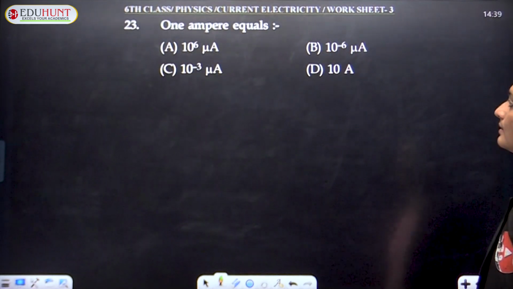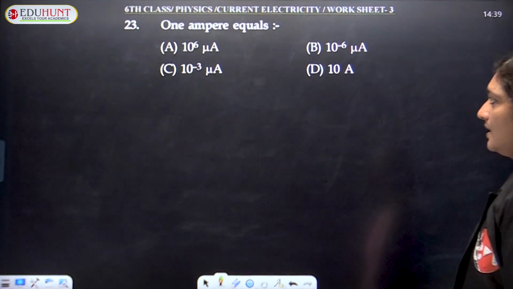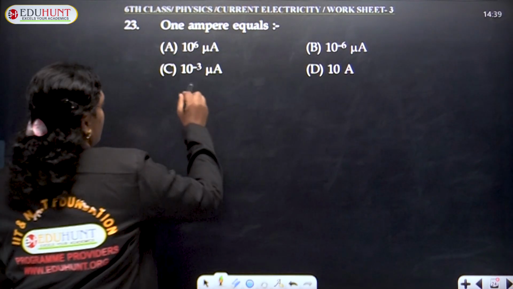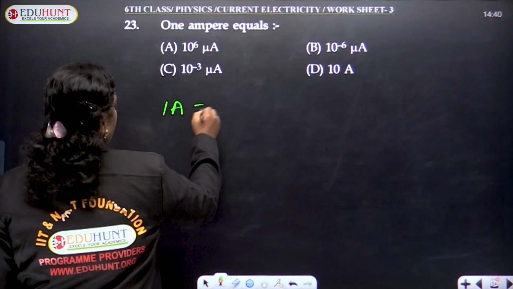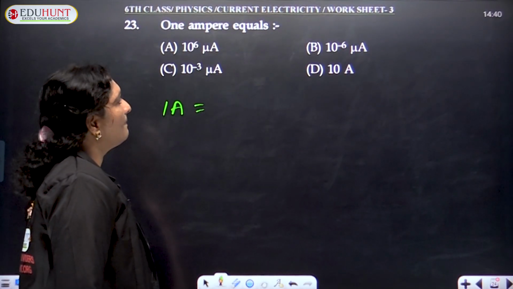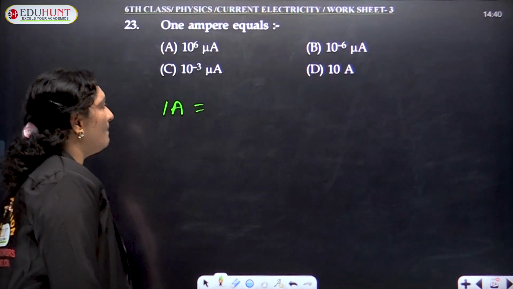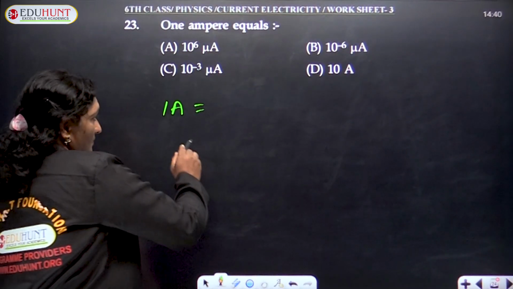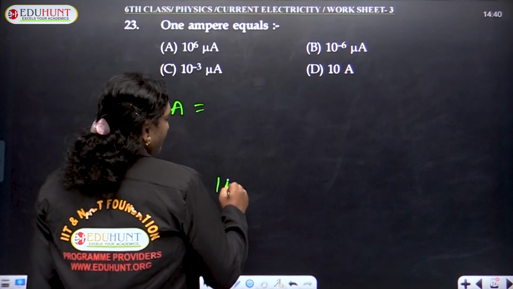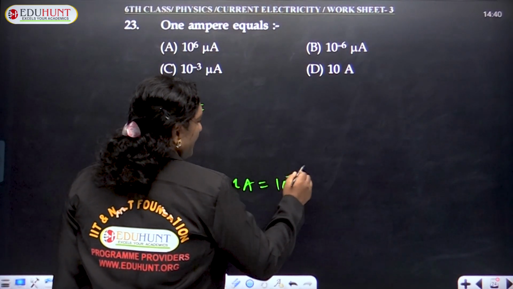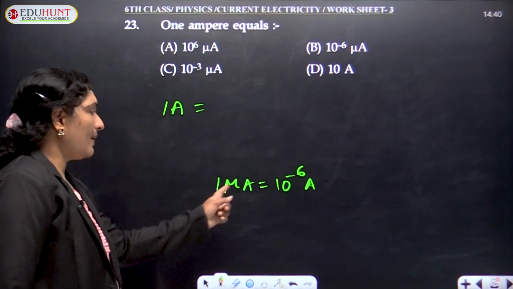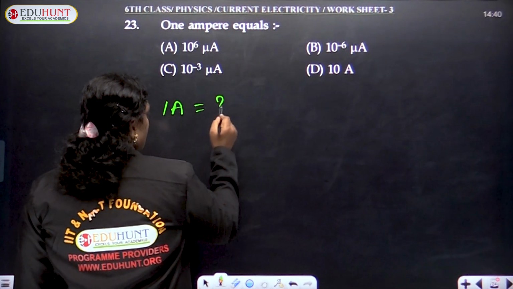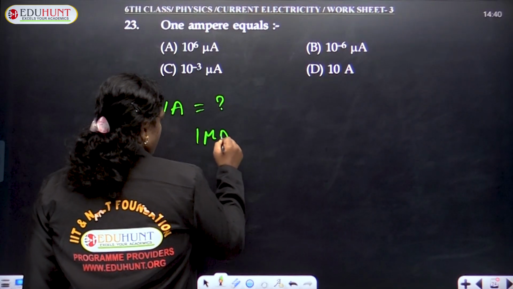Well, the next one, 1 ampere is equal to... we already solved this in some previous exercises, but still let us go through this. The value of 1 ampere is how many microamperes? Mu indicates microamperes. We know that 1 microampere is nothing but 10 power minus 6 amperes.